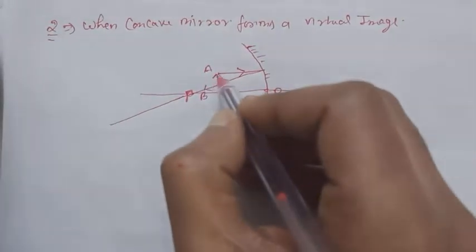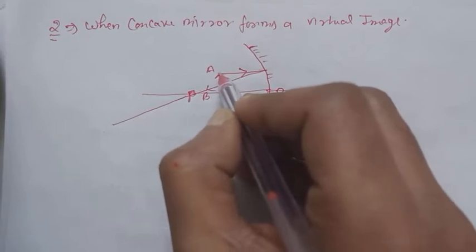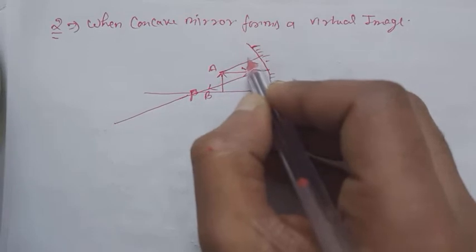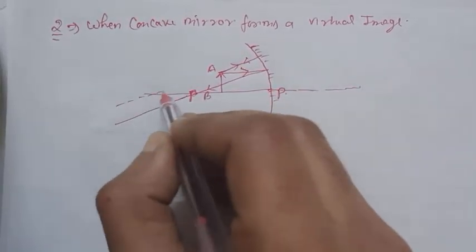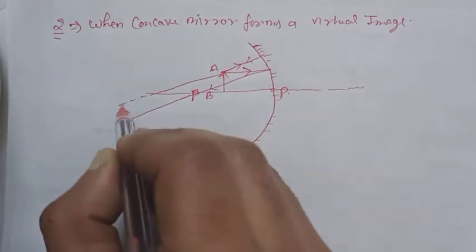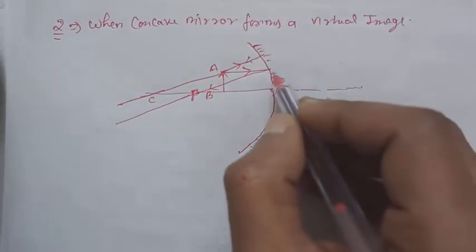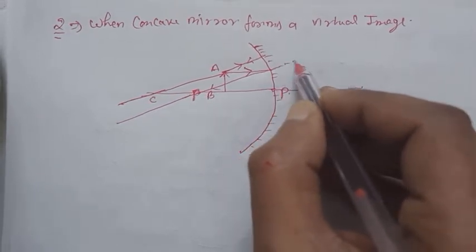Second one is consider a ray which passes from the center of curvature of the mirror. Then after reflection it retraces its own path, and this is in backward direction. In forward direction it increases, then the backward direction intersects somewhere.